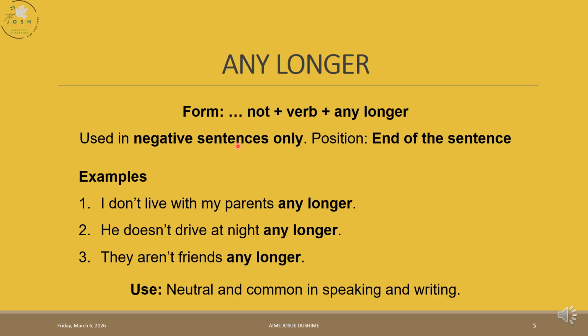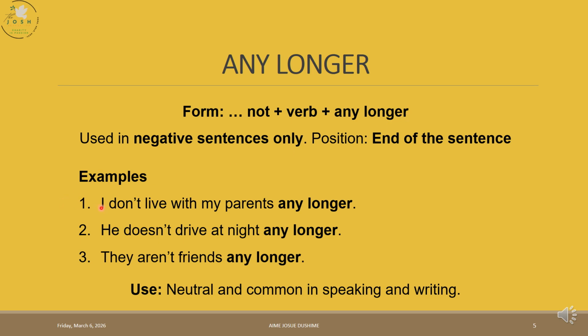It is used in negative sentences only. Any longer is used in negative sentences, no longer is used in positive sentences, and we put any longer at the end of the sentence.